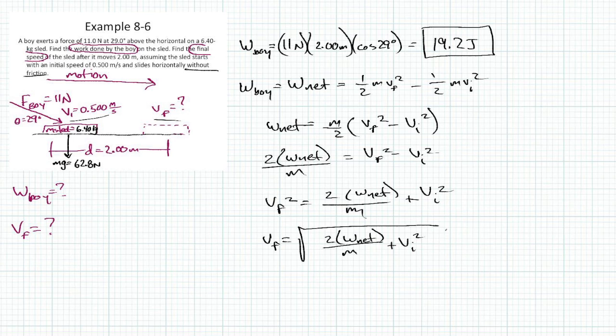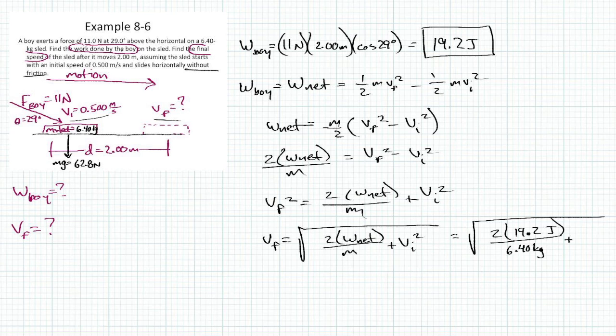Simply nothing more than plug and chug now, so let's put it all in. That should be equal to 2 times, what's our net work? We just found that up here, right? That's 19.2 joules, divided by, what's the mass of this thing? 6.40 kilograms, plus v i squared.